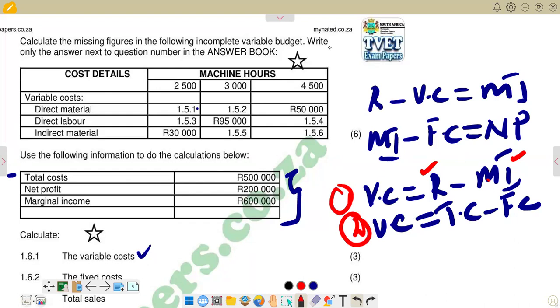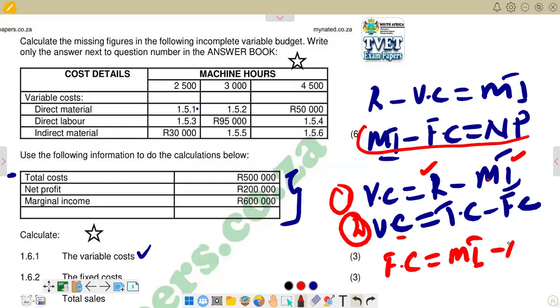On the second method, we can first find fixed costs, and then subtract it from total costs. To find our fixed costs, we can use the formula we have here: if you make fixed costs the subject of the formula, it's going to be fixed costs equal to marginal income minus net profit.